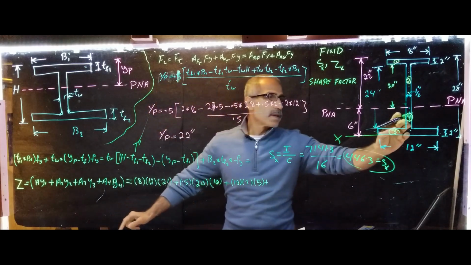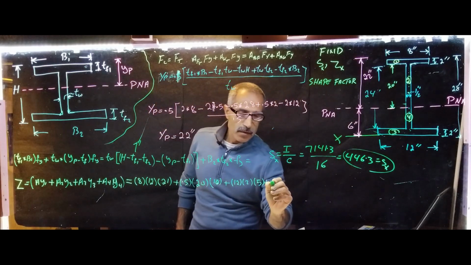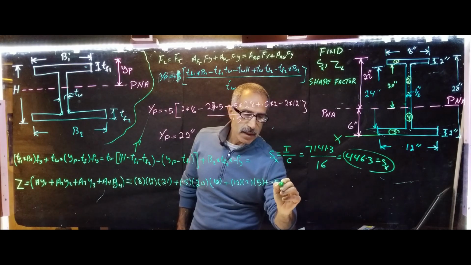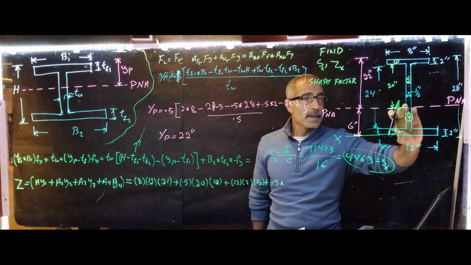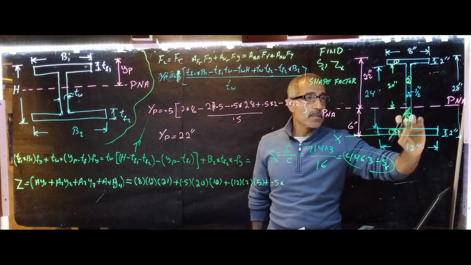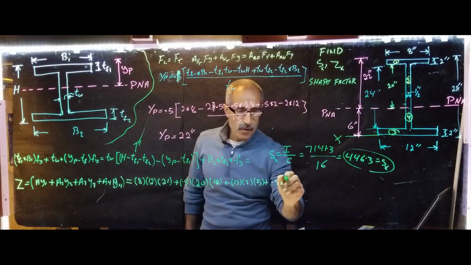And plus I have this one here, which is 0.5. Multiply that by this length right here. If from here to here is 6 inches, and we take 6 out, it will be 4, right? So that becomes 4.